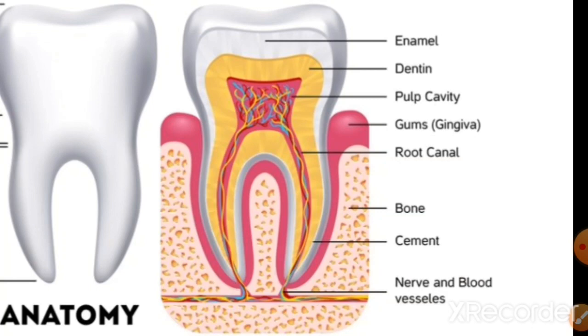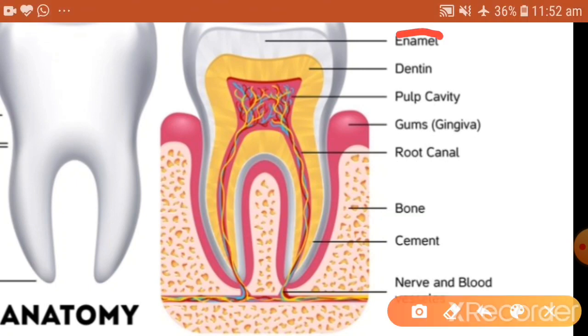You should take good care of your teeth, because see this enamel, this hard part. When you do not take care of your teeth properly, the acid produced by the bacteria slowly corrodes the enamel of the teeth and forms cavities.